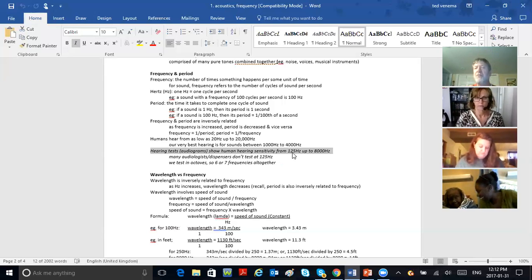And if anyone is musically inclined, 125 is low C on a piano. 250 is middle C on a piano. 500 hertz is high C on a piano. You can tell I'm doubling the numbers each time. And that's what we do in hearing tests.